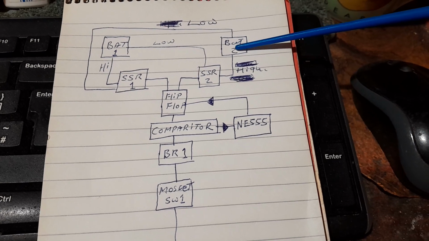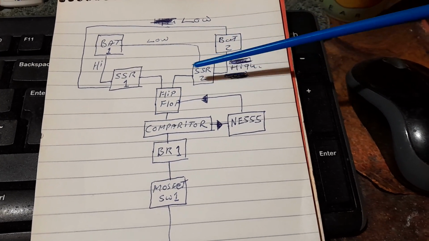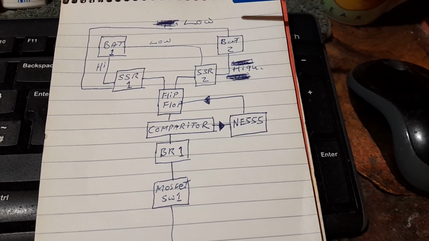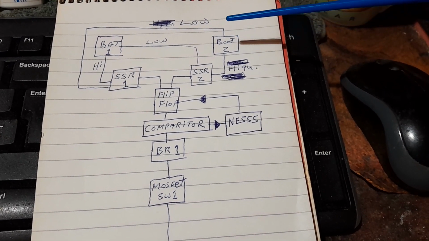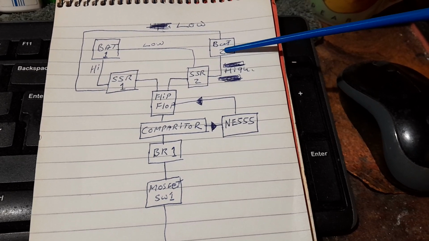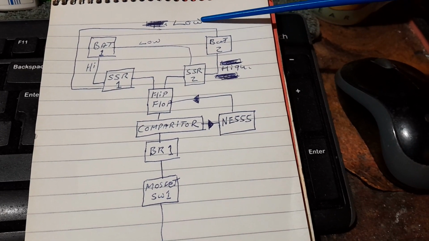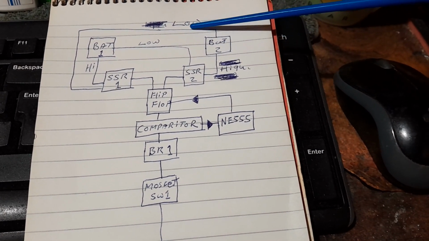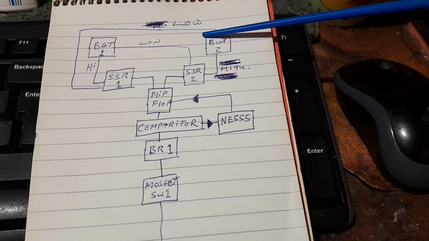And the output, remember this is a block diagram, it's not actually a circuit diagram. So when this battery is configured as parallel, it's obviously low because it's low voltage, right?